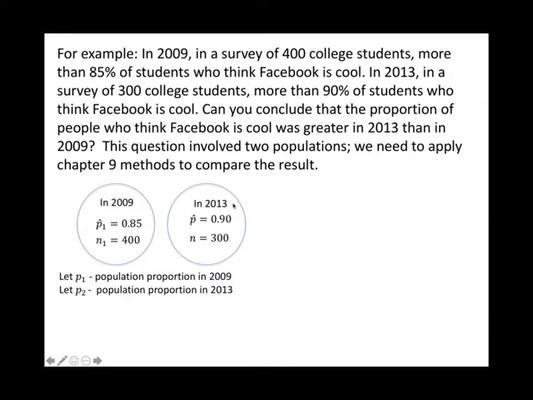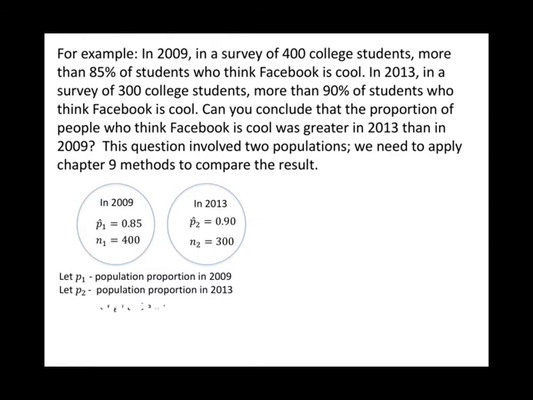And in 2013, this is my P2, so we're gonna change it to n2 equal to 300. And this guy will be the sample proportion 2 equal to 0.90. So all the notation with the 1 stands for population 1, and all the notation with the 2 stands for population 2 in here.